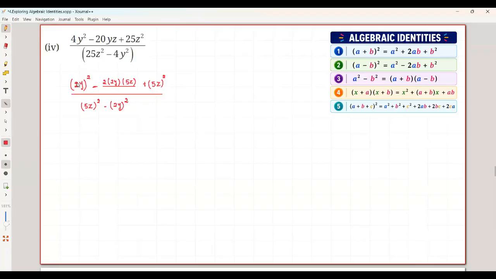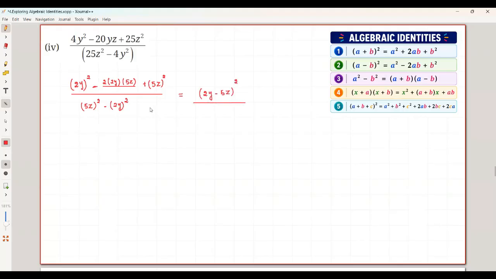Now the numerator is the form of a square minus 2ab plus b square, and the denominator is in the form of a square minus b square. See the identity. Instead of a square minus 2ab plus b square we have the formula a minus b the whole square, that is 2y minus 5z the whole square.